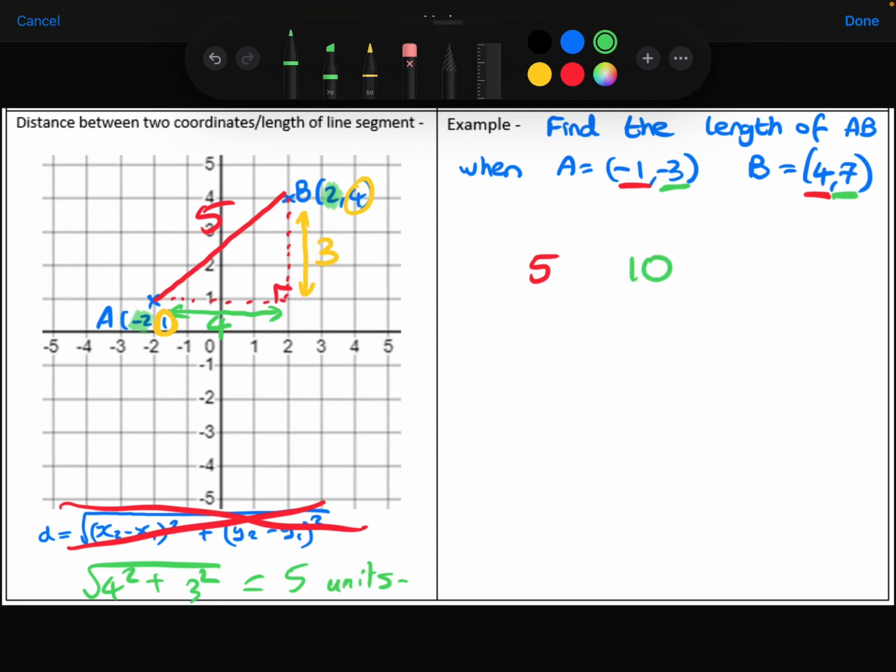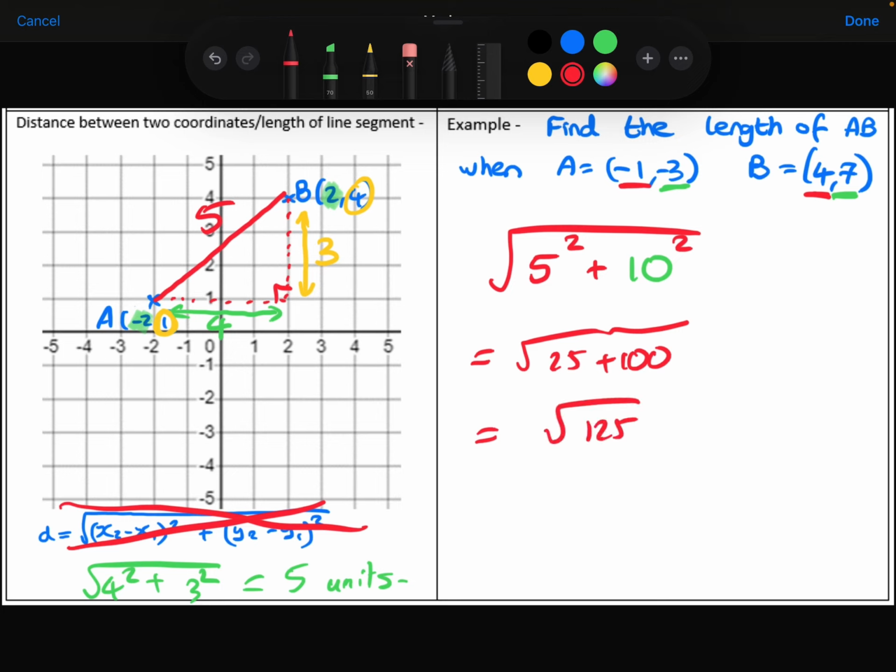And then a little bit of Pythagoras then. 5 squared plus 10 squared, all square rooted. 5 squared is 25, 10 squared is 100, so root 125, which as a simplified surd is 5 root 5. That's it in its exact form. That's the best way to leave your answer in A-level maths. We like things in exact form. If you had to give it as a decimal to one decimal place, though, we could say it was 11.2 units, whatever the units were. But exact form is better for A-level maths.